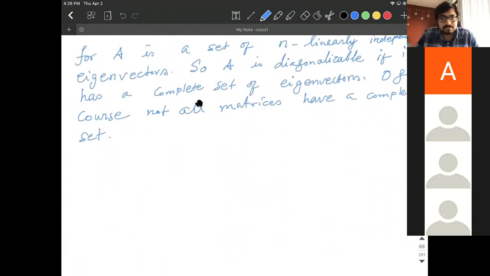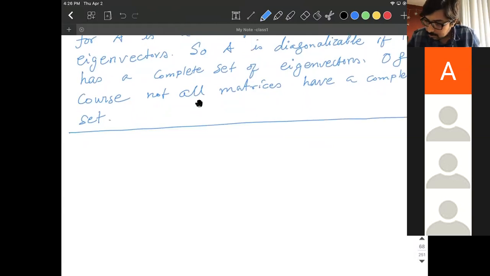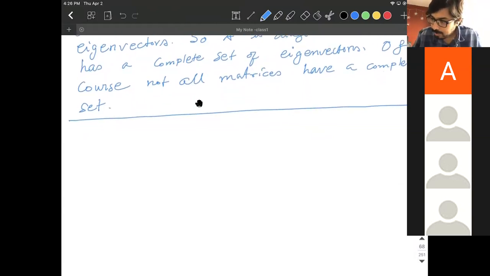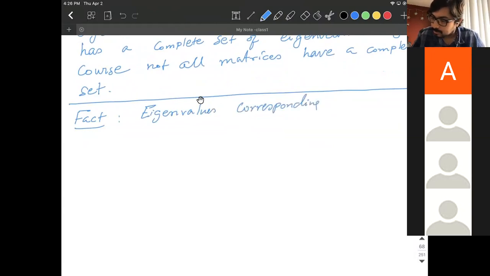Okay, let's see. Some facts, or at least one fact which can be used later: eigenvectors corresponding to distinct eigenvalues are linearly independent.